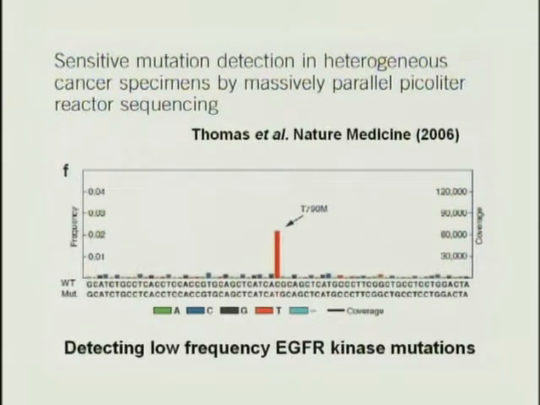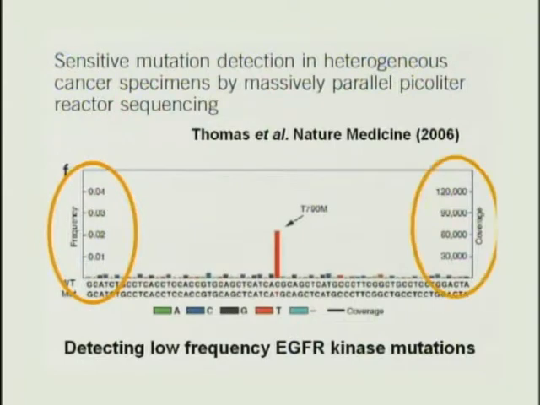So here is detection of an EGFR kinase mutation, but you'll note that we're looking at a mutation that is only present in a very small fraction of the reads, and in order to really see this, you need to obtain tens of thousands of sequencing reads that independently cover the same position to be able to confidently distinguish it from the noise, right?